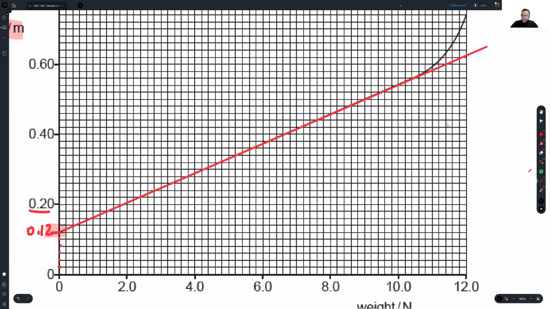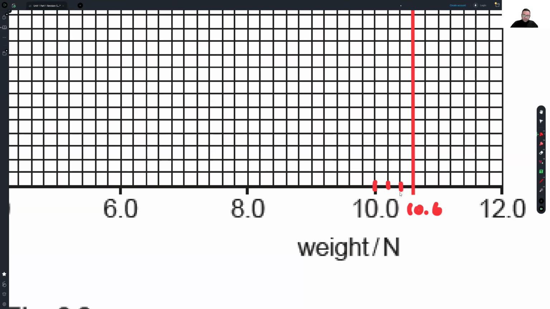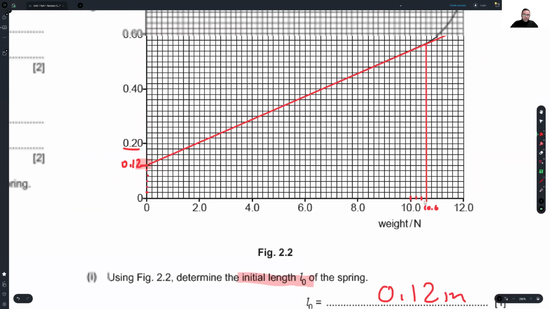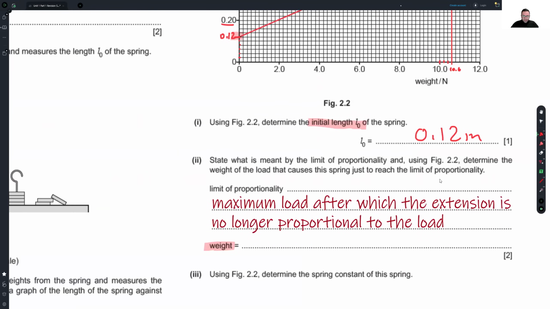I'll just draw a straight line here because my eyes get blurry looking at graphs. And what's this value? This is 10, 10.2, 10.4, 10.6. So in this particular case, 10.6. I think this had a range of like 10.4 to 10.8. There's a big range that's accepted here, but 10.6 it is.